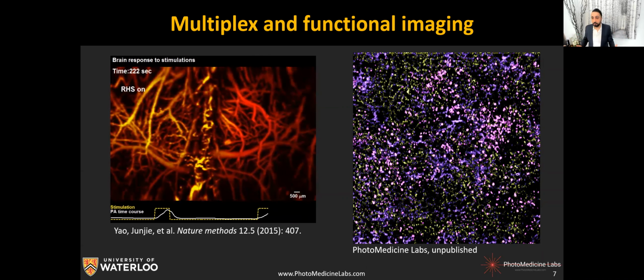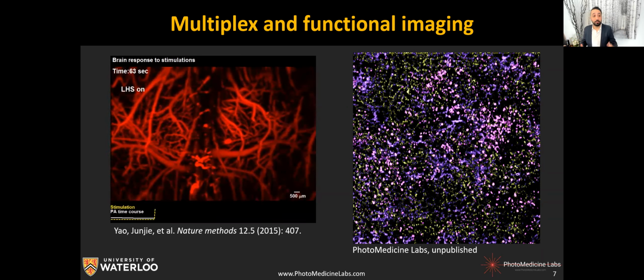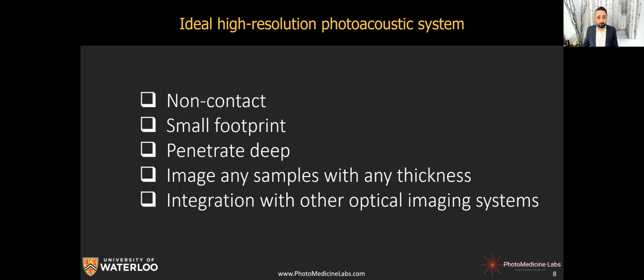And this is very important and very exciting for many applications in oncology, functional brain imaging, as well as ophthalmology.